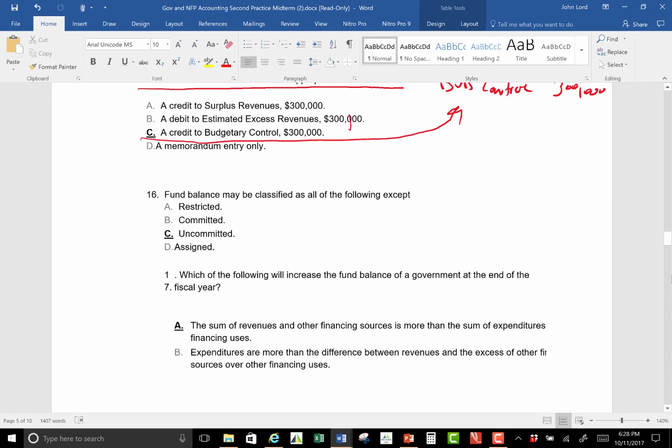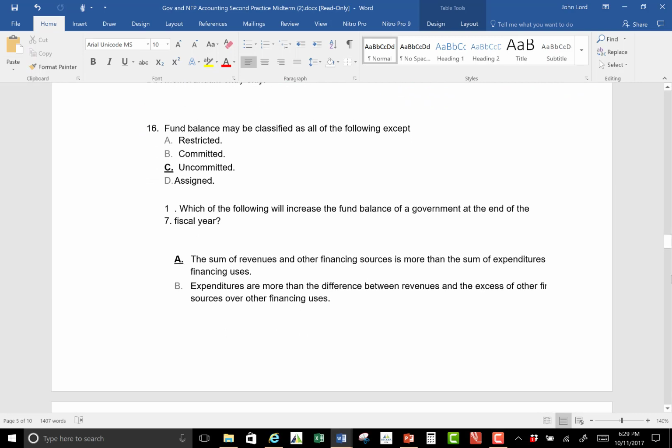There was no such thing as uncommitted. Sounds like some kind of weird relationship, right? So that's not one of the categories of our fund balance. Okay, good.